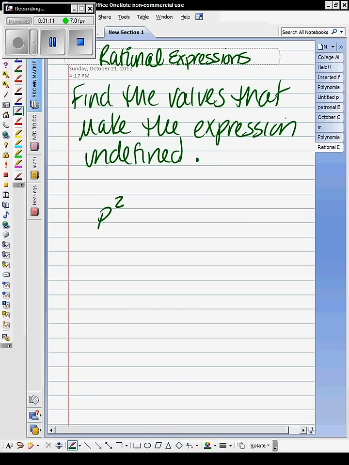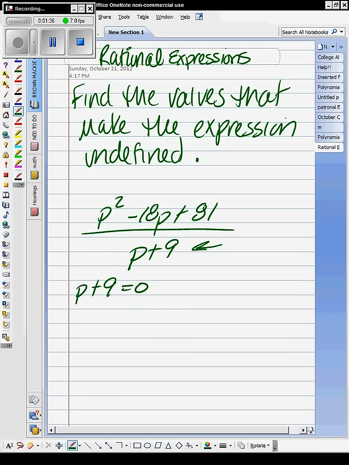If I have p squared minus 18p plus 81 all over p plus 9, and I define the values that make the expression undefined, or the excluded values, depending upon what book we're using, we take the denominator. That's all we need to look at. And we set that equal to 0. So p plus 9 equals 0, and we solve for p. So that's subtract the 9 from both sides, and p equals negative 9.